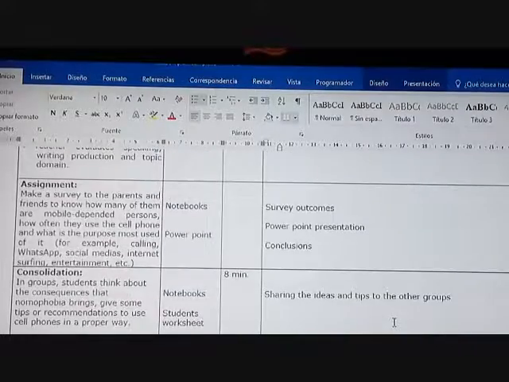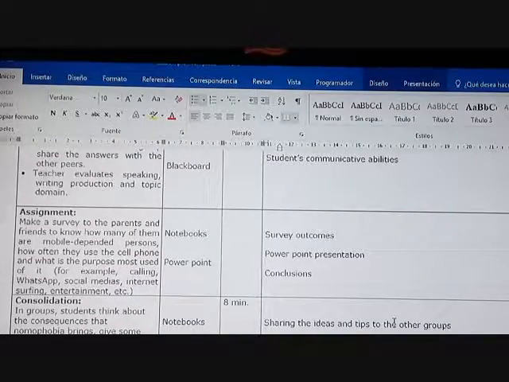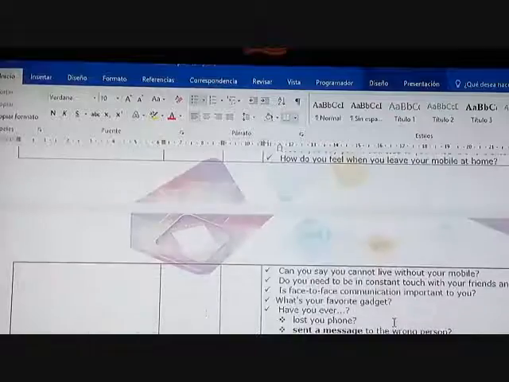This is to reinforce the knowledge and the concepts learned in the lesson plan for those students who hadn't understood the aims or the concepts of this lesson plan.